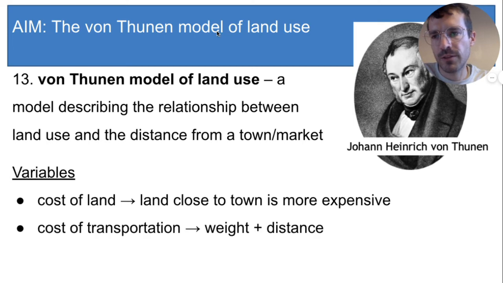The second factor is the cost of transportation. In other words, how much do farmers have to pay to get their goods to the town or market where they can be sold? And this factor depends mostly on the weight of the goods and the distance that the goods have to travel.